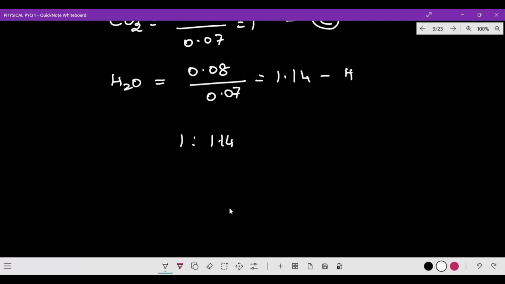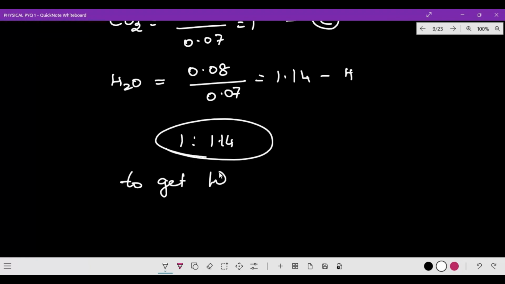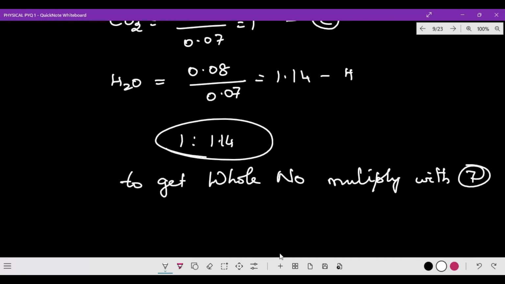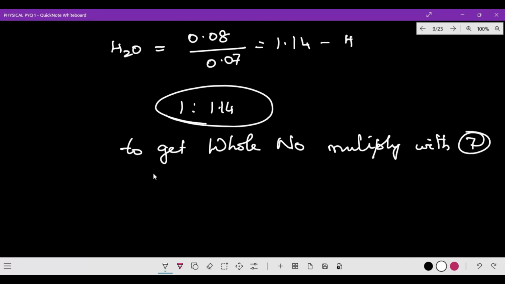Okay, now this is actually a fraction, and we want a whole number ratio. To get a whole number, multiply with 7. If you go for LCM also, no problem, I have just told it directly.